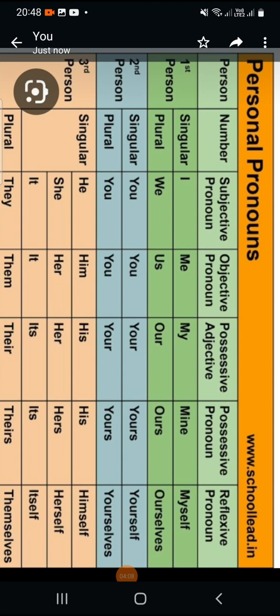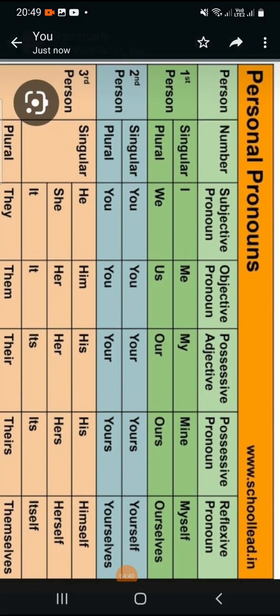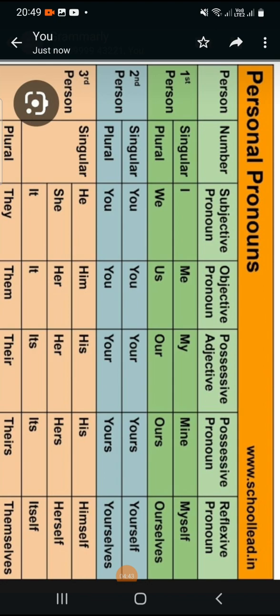So if you replace the nouns with pronouns, the statement will be: he for Ram, he killed, and for Ravan, him. It will not be like this, "he killed he." No. He comes before the verb because he is the doer, and him always comes after the verb because him is the object.